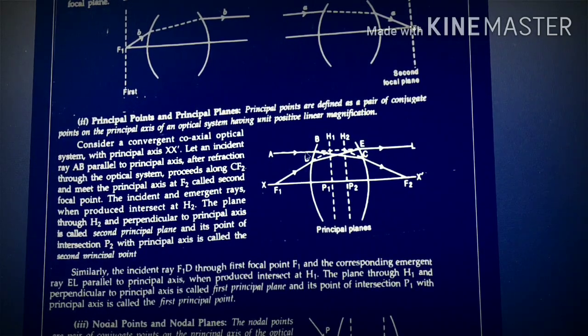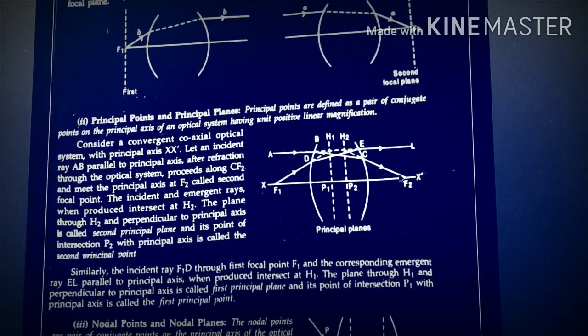If the ray AB is incident on the optical system at a point B, then it will be refracted, and after transmission the ray CF2 meets the principal axis at a point F2. So this point is known as the second focal point.